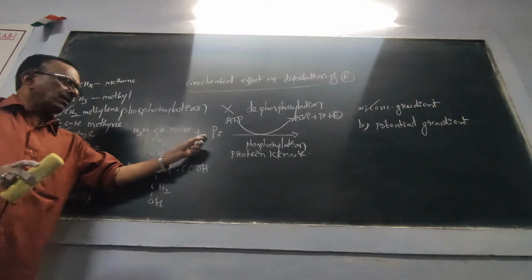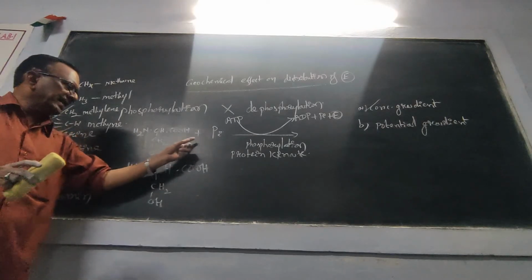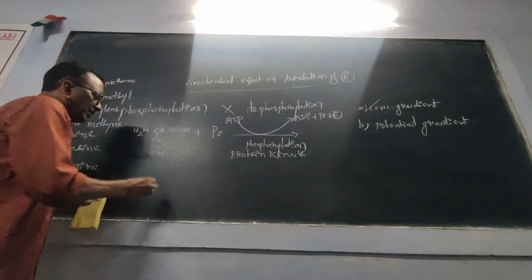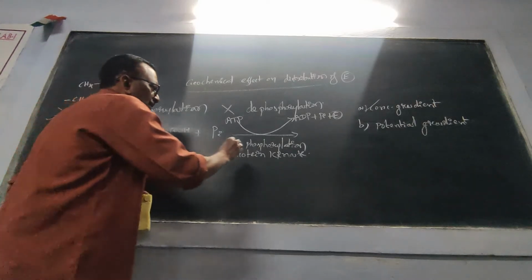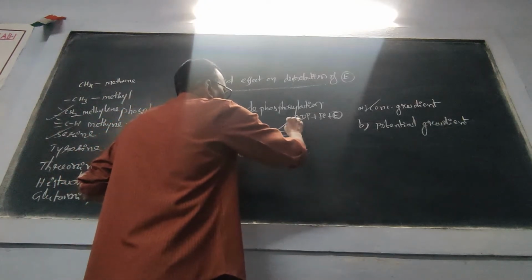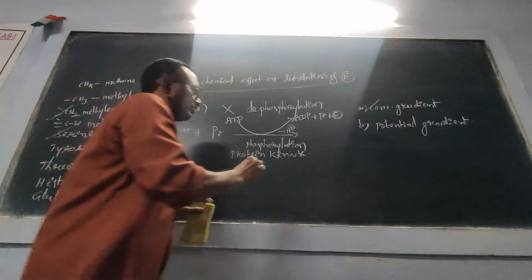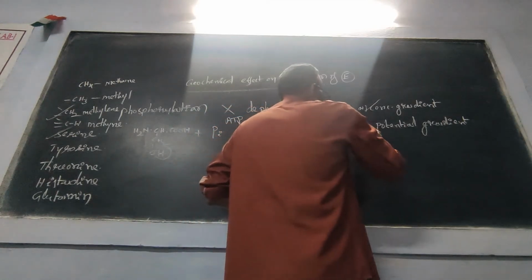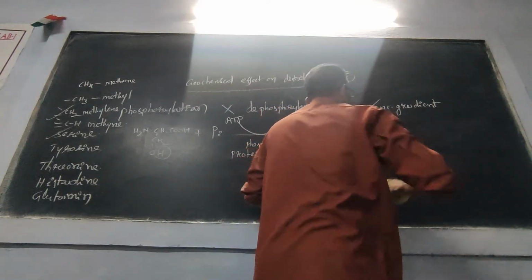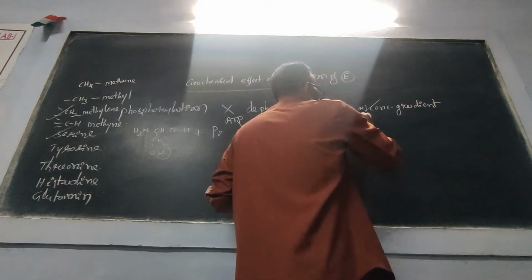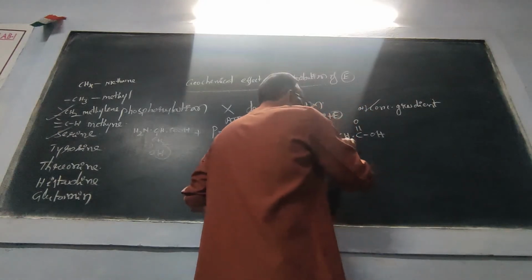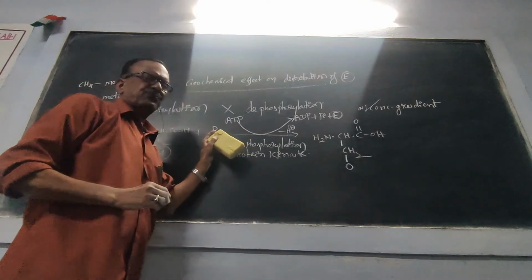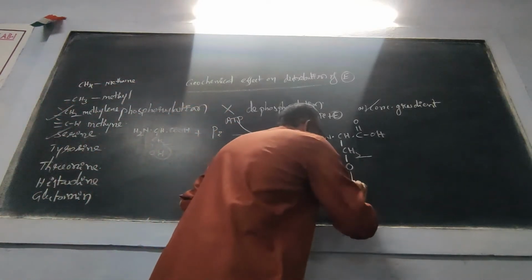For adding this inorganic phosphate, the H must be replaced, so H will go out, so here minus H positive. Then we get NH2, CH, COOH, and then CH2, then we have one O. Now this inorganic phosphate is being added.